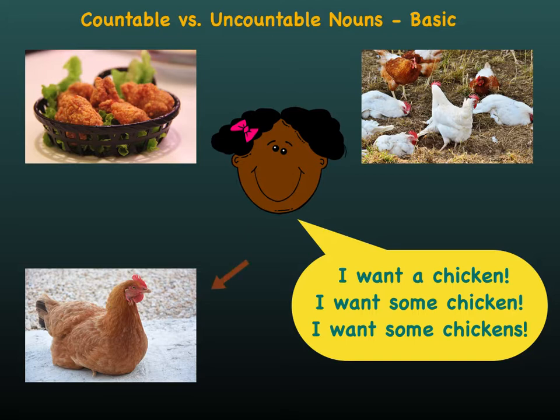Well, this is a chicken, 1 countable. These are chickens, more than 1, and this is chicken. It's uncountable. It's meat, like beef or pork. This is what she should say.